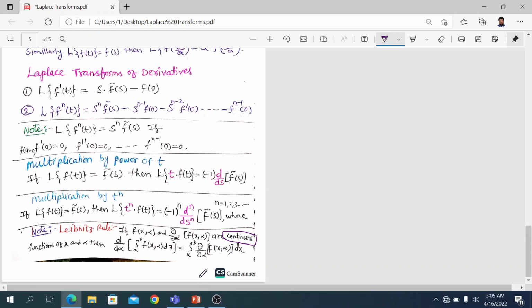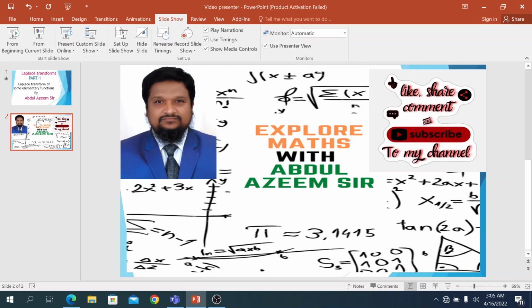Okay. So these are the formulas for Laplace transformation.